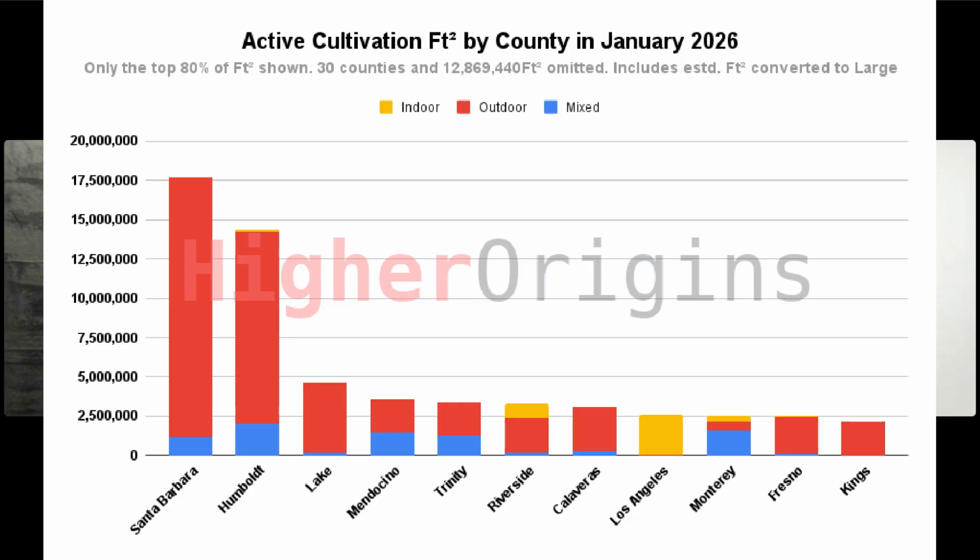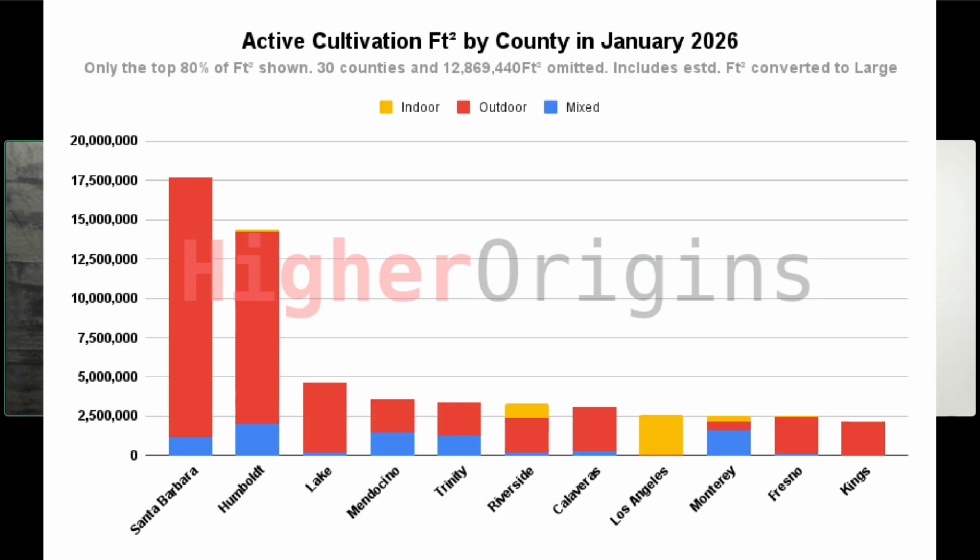That said, in scale, Santa Barbara is basically doing the same as Lake, Mendocino, Trinity, and Riverside County combined. So Santa Barbara is still on top. How close is the margin between Humboldt and Santa Barbara?